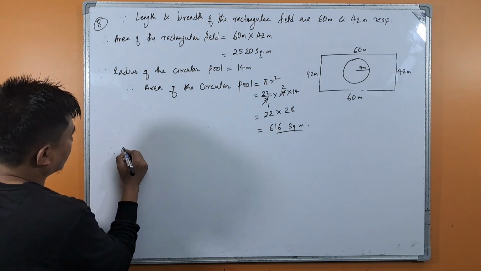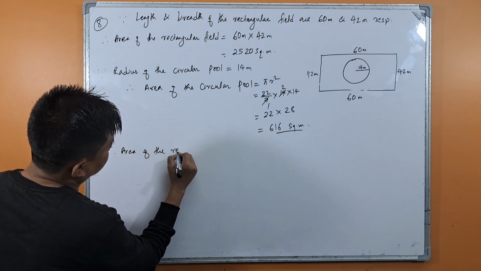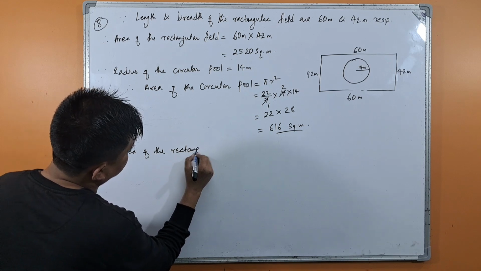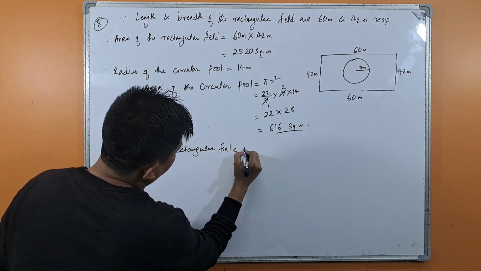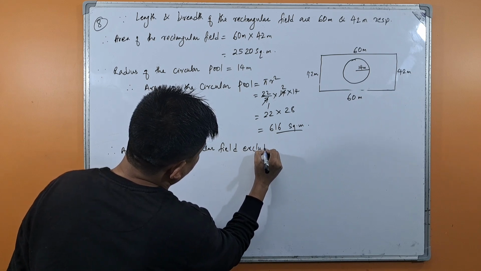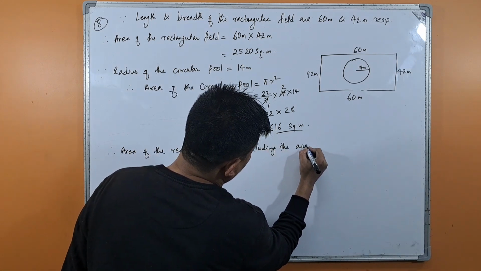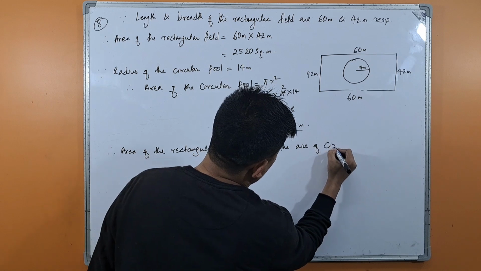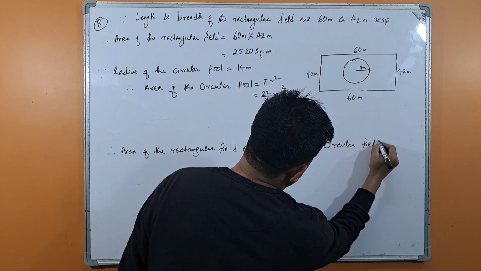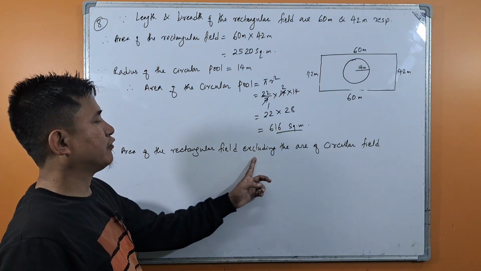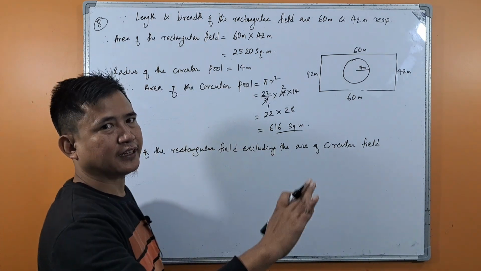Therefore area of the rectangular field excluding the area of circular field means leaving the area of circular field.